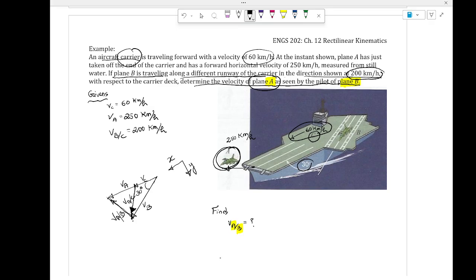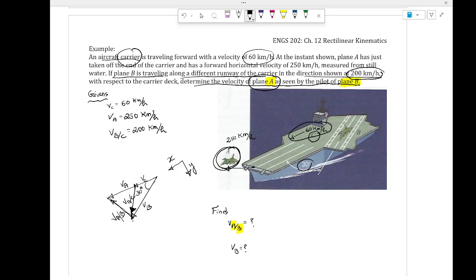And you'd like to find this VB as well because they didn't give you the VB. Why do I want the velocity of aircraft B? Because the VAB, the velocity of A with respect to B, requires the VB value. Does it make sense? That's the reason you've got to find that.